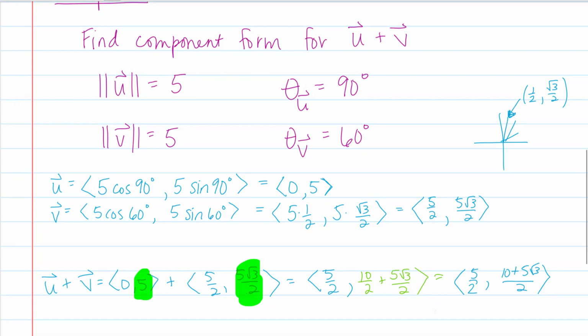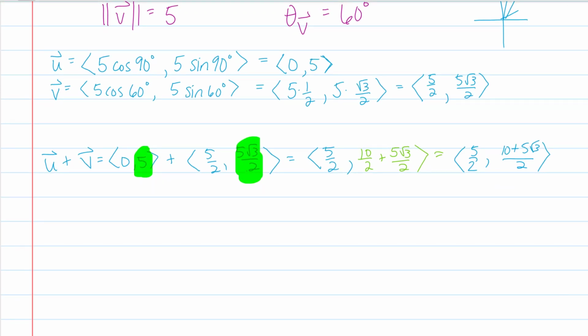Of course, if they ask for a decimal answer, that could go into your calculator. 5 over 2 is obviously 2.5. And 10 plus 5 root 3 over 2, in my calculator, I'm getting 9.330.